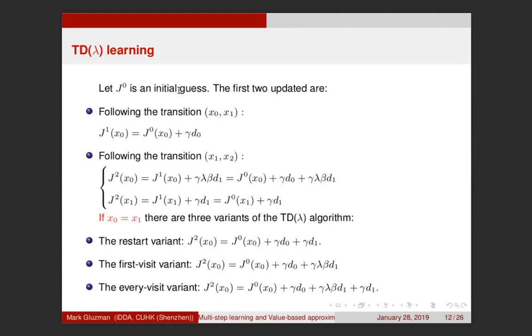Basically, we combine the two equations, and our update of the value function at state x0 is the sum of the update from equation 1 and from equation 2. Any questions?